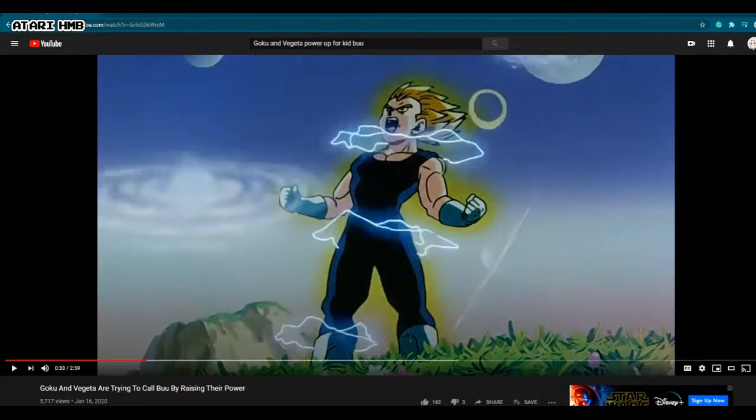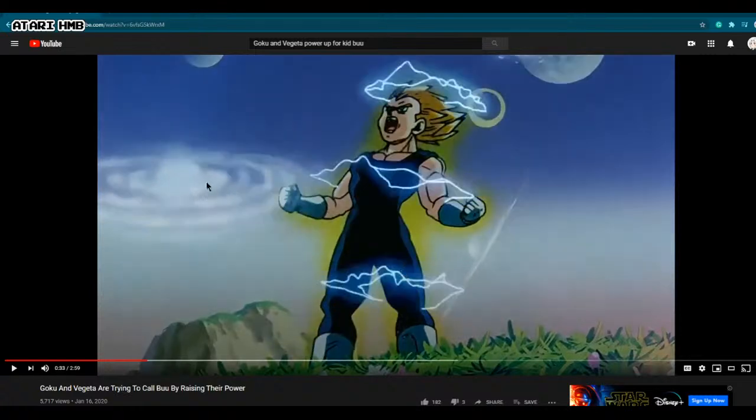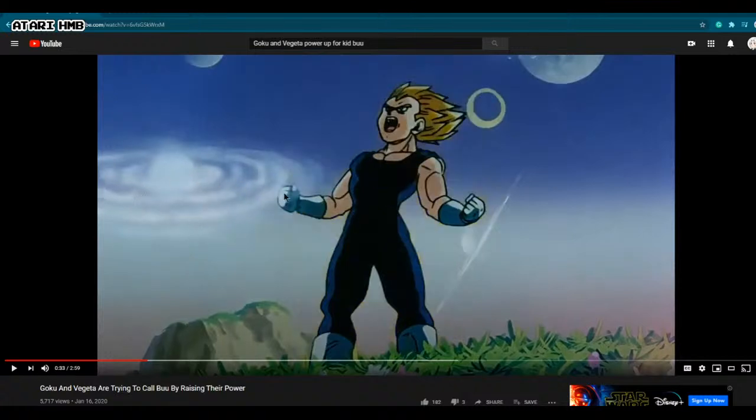galaxy? That's a galaxy. It's hard to see, but let me know if you guys could see it. It's moving right here. That's actually a galaxy. That's a planet, I guess, somehow. Keep in mind, guys, Dragon Ball is not always going to be accurate to pixel scaling. Dragon Ball is a wacky world.